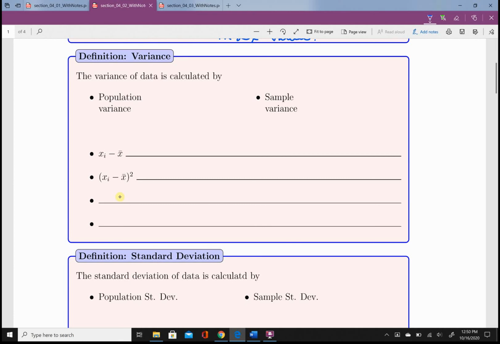Okay, so variance is described as the sum. Let's start with the sample variance, actually.